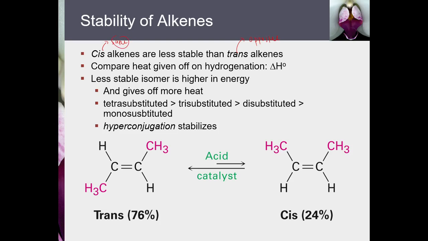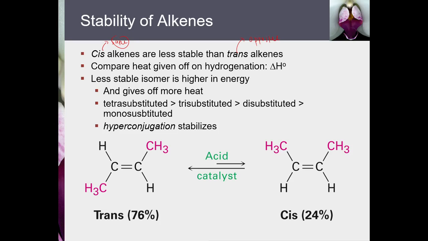So bakit nagiging less stable daw yung mga cis alkenes? For example, this one. We have here your CH3s are on the same side. So yung CH3s mo kasi ay nagkakaroon sila ng steric interaction.